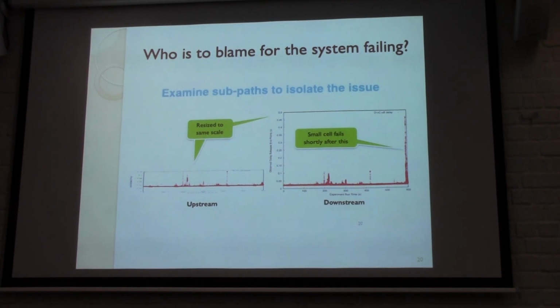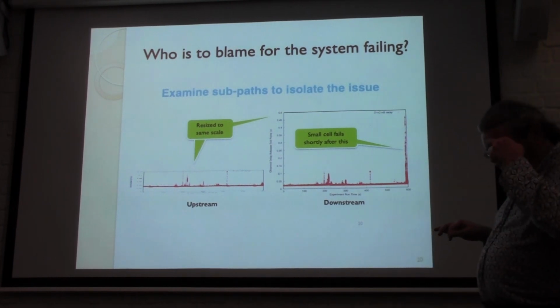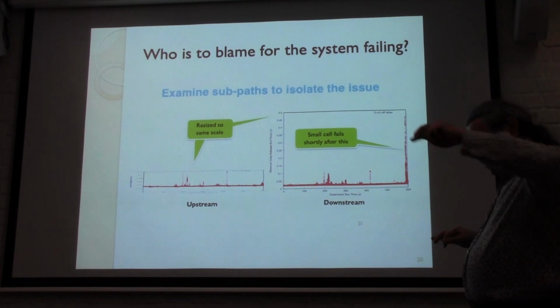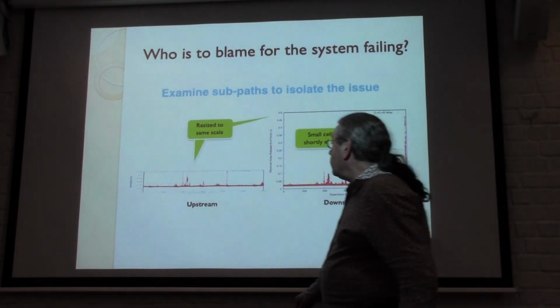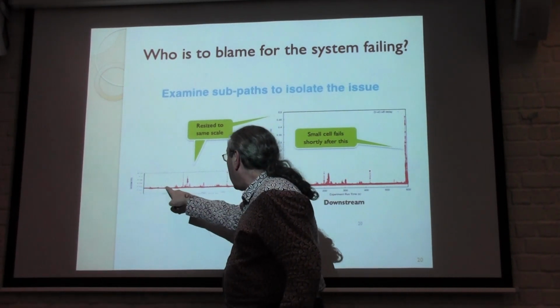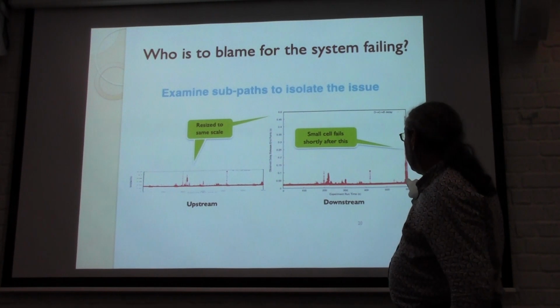Okay. Now let's look at subpaths. Now let's look at messages going around the system. This is a kind of scatter plot where we follow messages going upstream from A to E and going downstream.